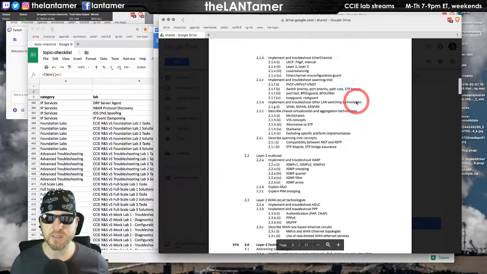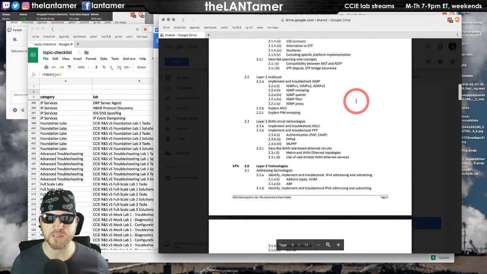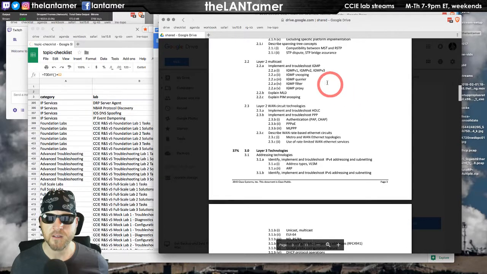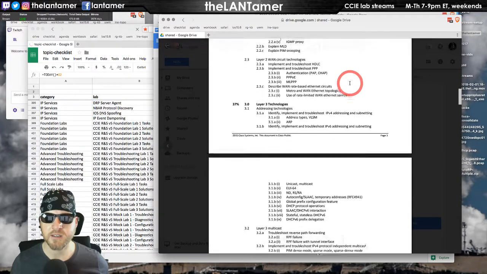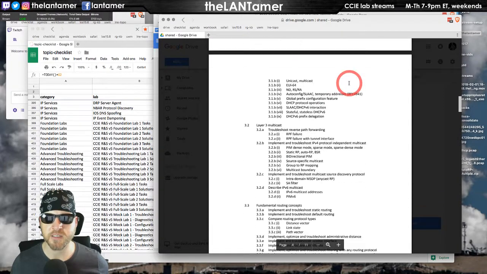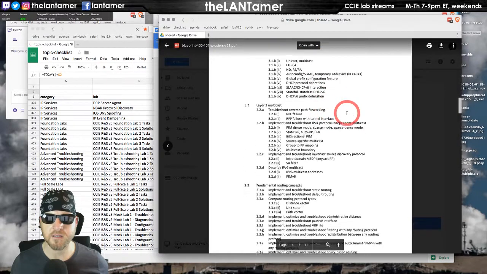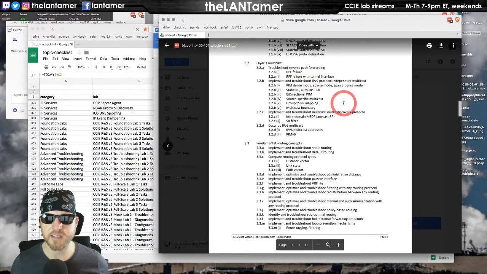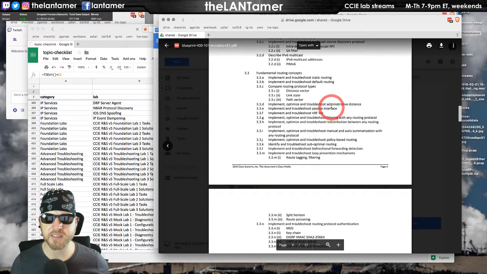I've pretty much done a lot of the layer 2 technologies, although I still miss some of those questions. Layer 2 multicast, I've not really done anything there. MLD, PIM snooping. When we look at layer 3 technologies, we've got multicast, IPv6 multicast.